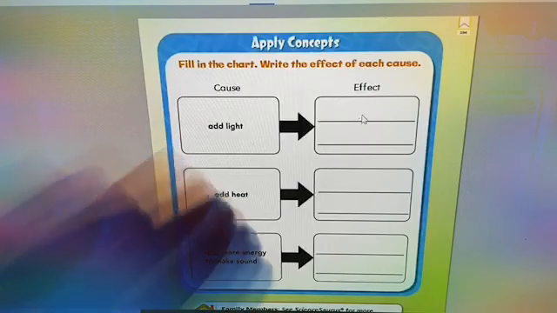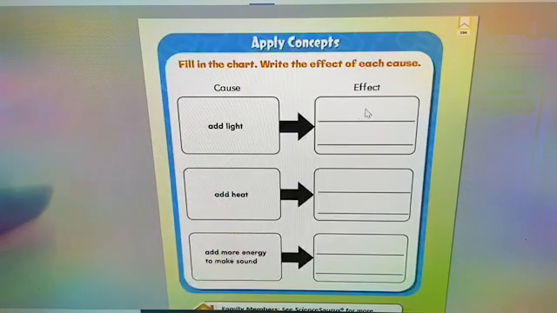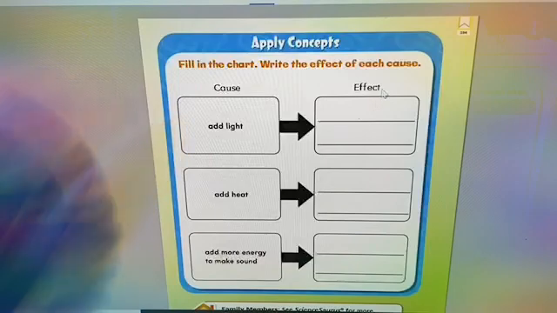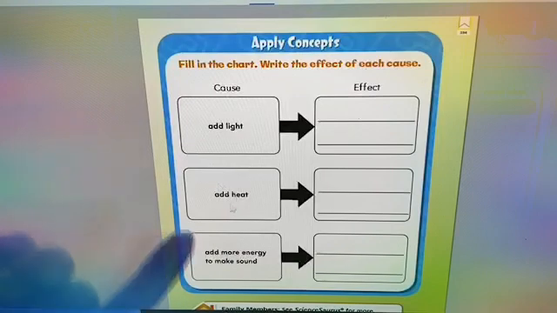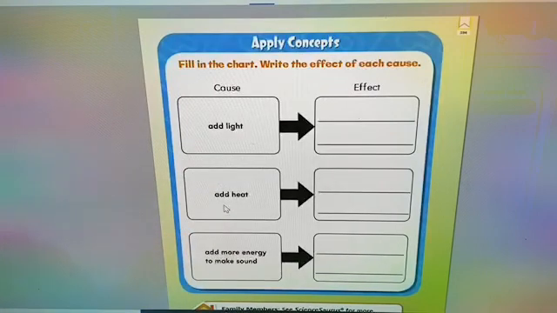It's not necessarily to be just the same as my answer, because when adding light, a lot of things can happen. Can you tell me some or one thing? Write it over here. What about when you add some heat? When you add heat, what could happen?